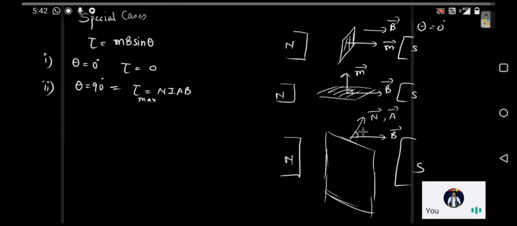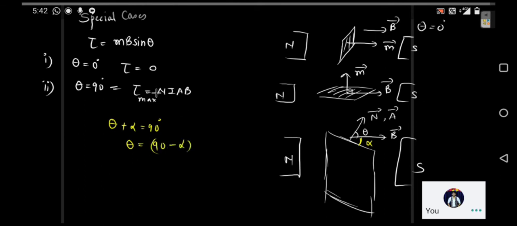Theta was the angle between the normal and the magnetic field. Now supposing we are given the angle between the plane and the magnetic field. So let's say alpha, such that theta plus alpha will be equal to 90 degrees. Correct, no? So what will be theta in that case? Theta is going to be 90 minus alpha.